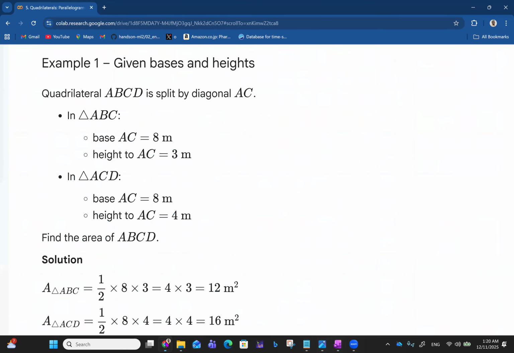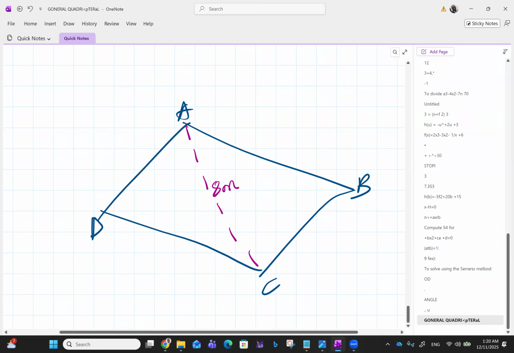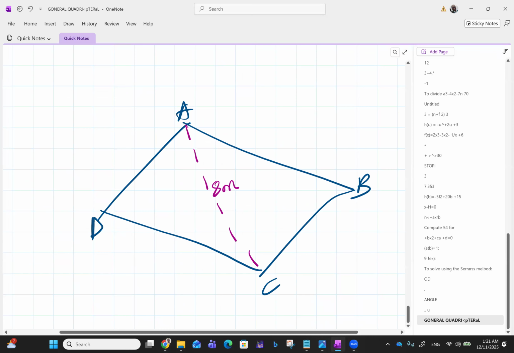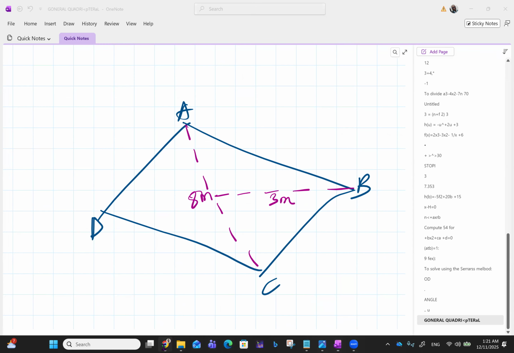And the height to AC is 3 meters. That's in ABC, right? If you drop a height from here, this height is 3 meters. So that's one side for the ABC part of things.